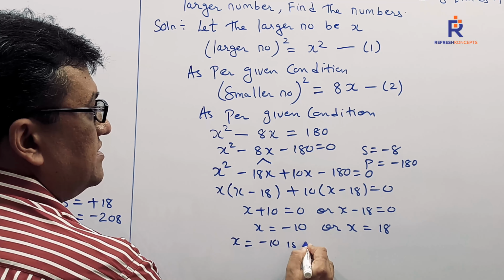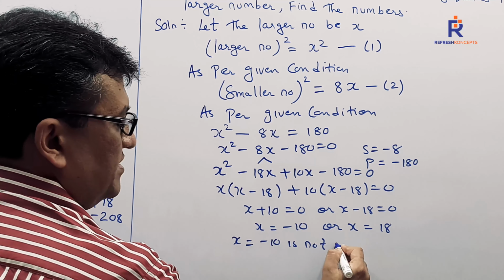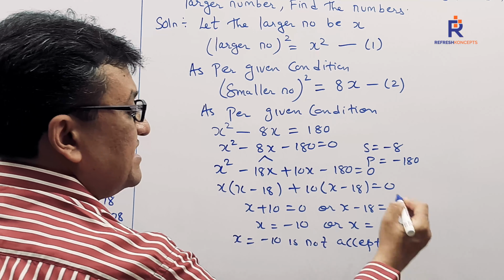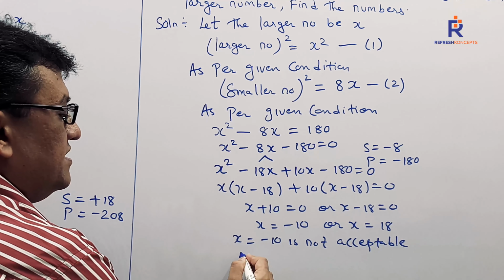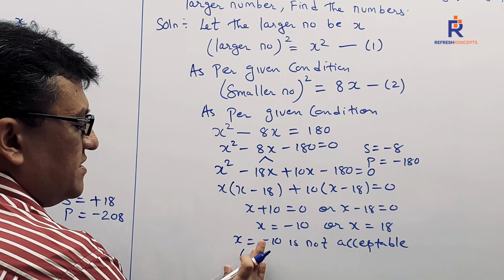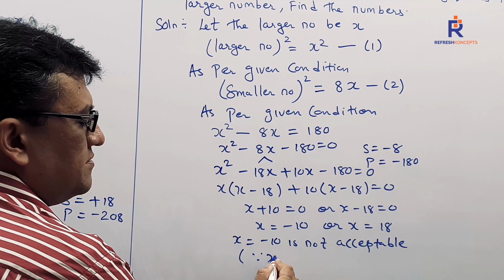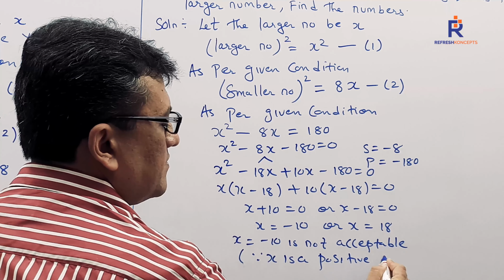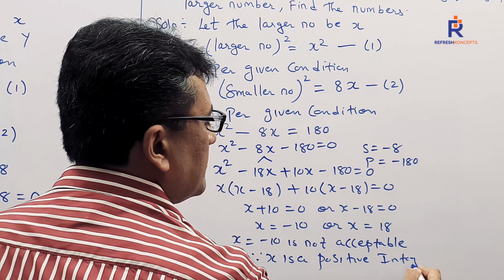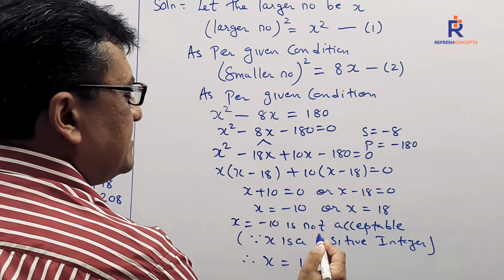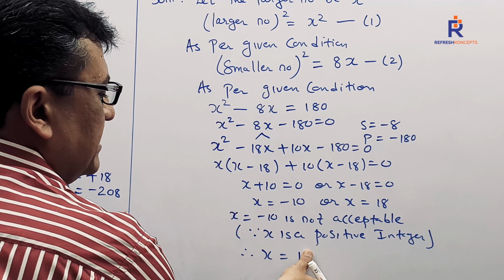If I consider this as a positive integer sum, then I need to discard minus 10 and I'll take only plus 18. So considering this as a positive integer sum, we'll say x equals minus 10 is not acceptable, since x is a positive integer.